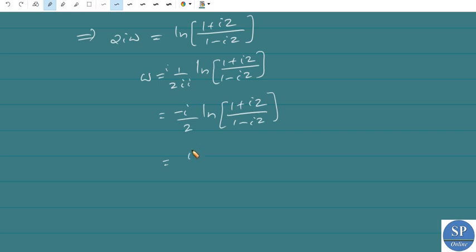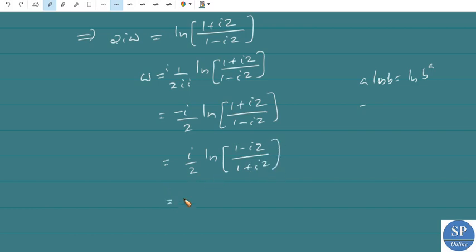So this is actually i by 2 into ln of the inverse, because of the negative sign. We know a ln b is equal to ln b power a, so minus ln of this is ln of this to the power minus 1. So we have to write the reciprocal: 1 minus iz divided by 1 plus iz.